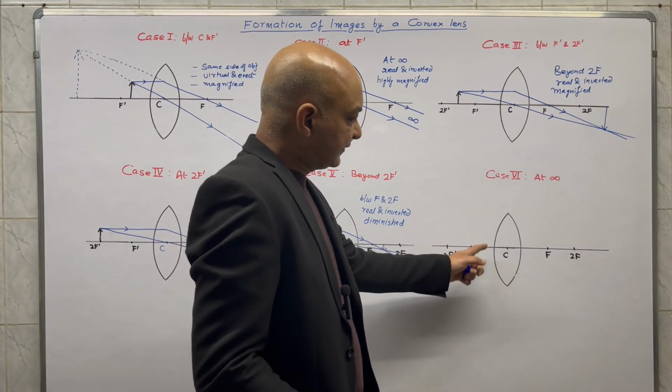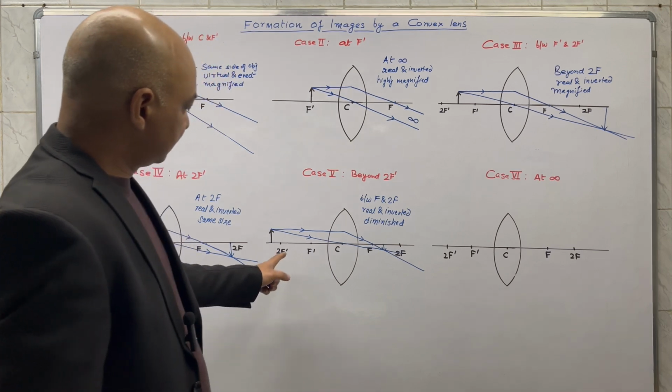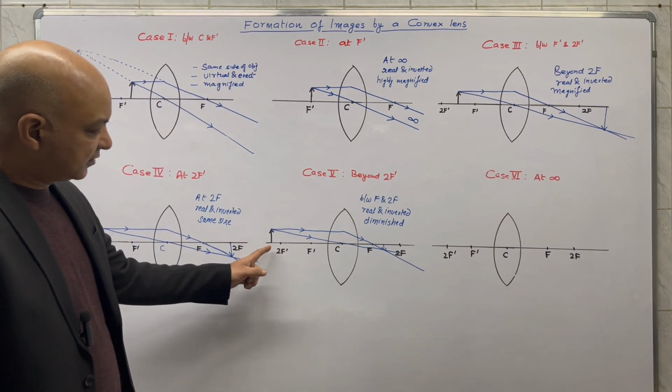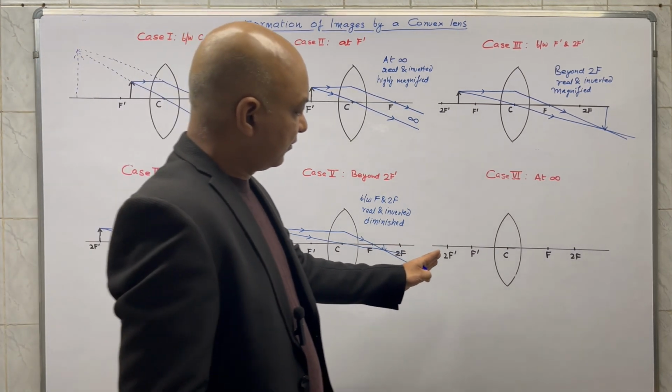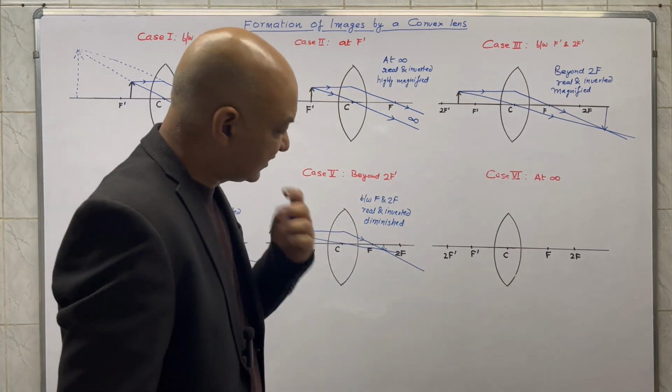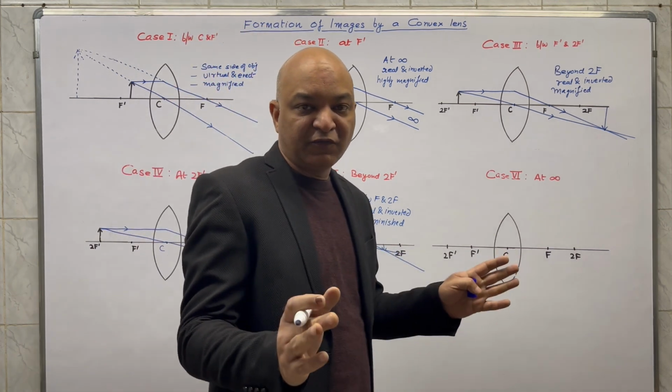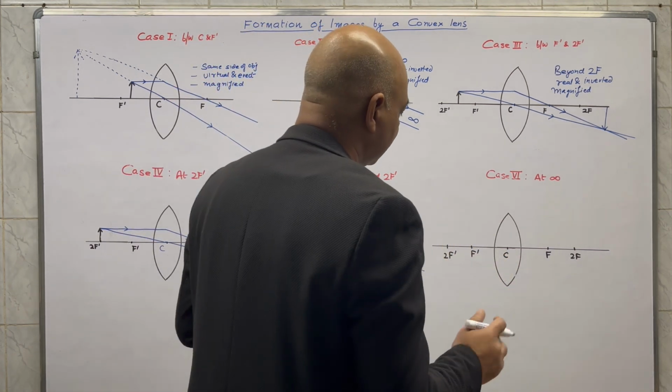Finally, case number 6, when you keep the object even farther from 2f, that is somewhere very far off from the lens, at infinity.